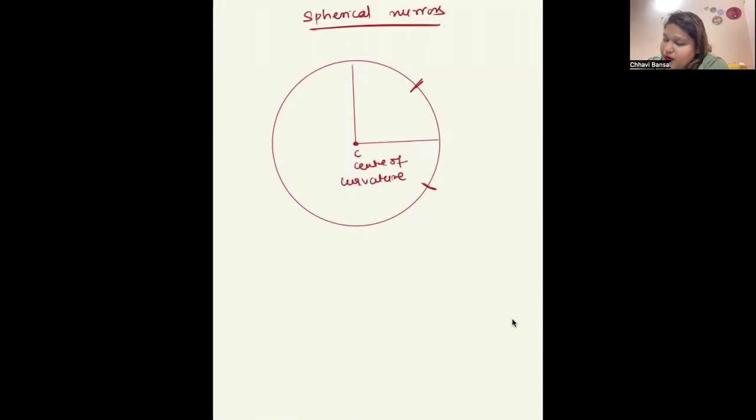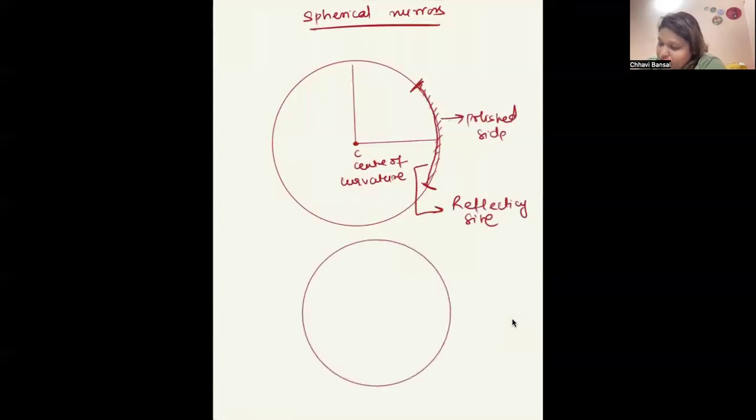Now, if this part is cut, this part of the mirror is taken. It means this side is the polished side, and this is the reflecting side. Okay. Same way, there is another spherical mirror.